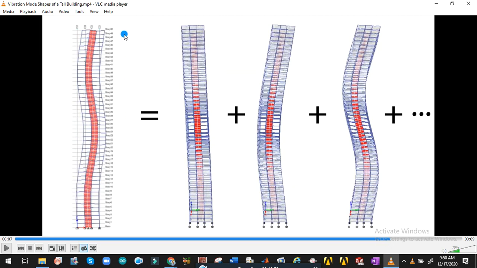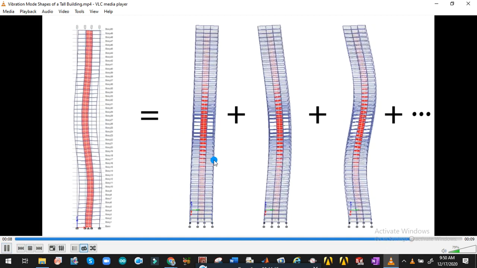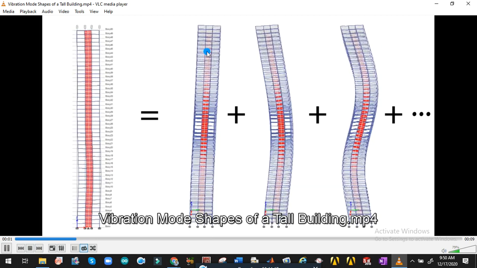It consists of about 48, 49, 50 floors. Okay, and you can see this is the first natural frequency and first mode shape will be like that. Observe its motion first. This is the response of only first mode.